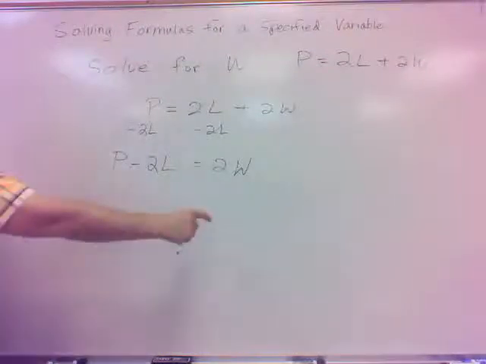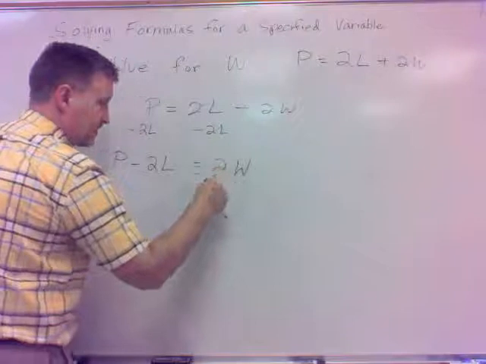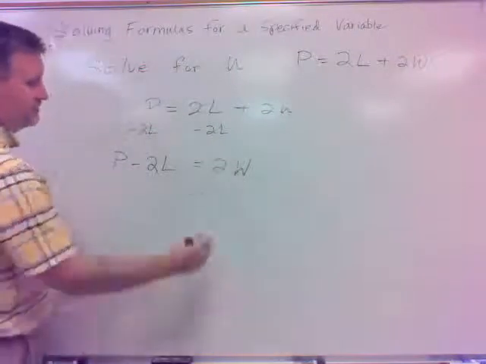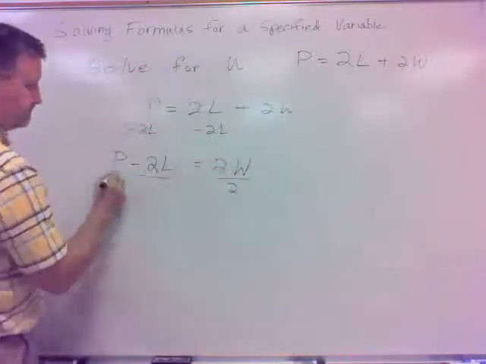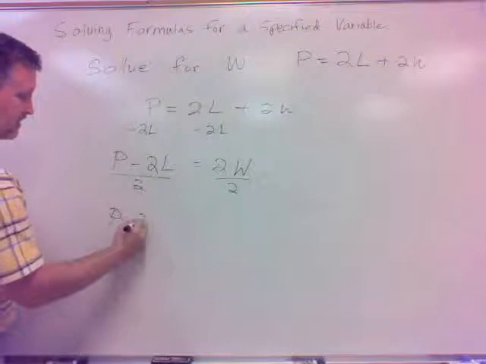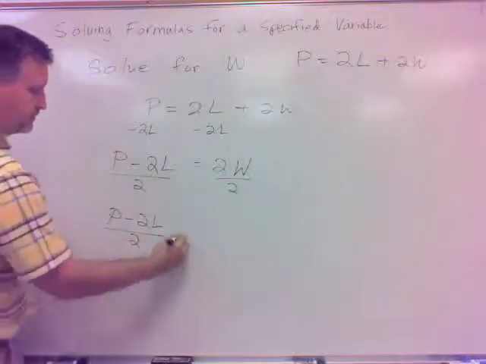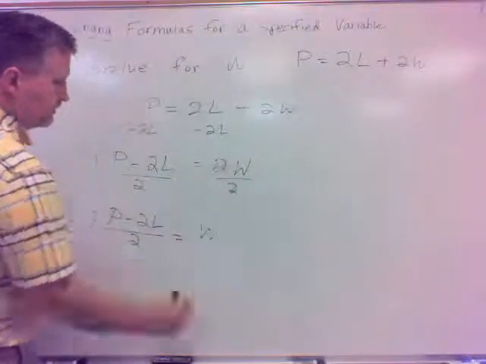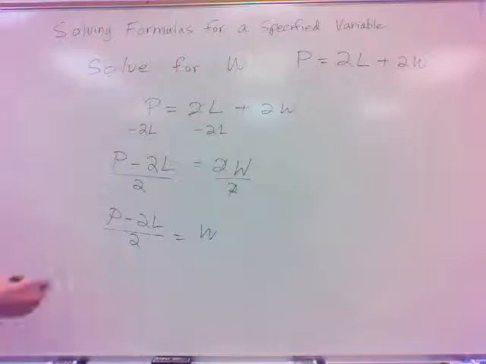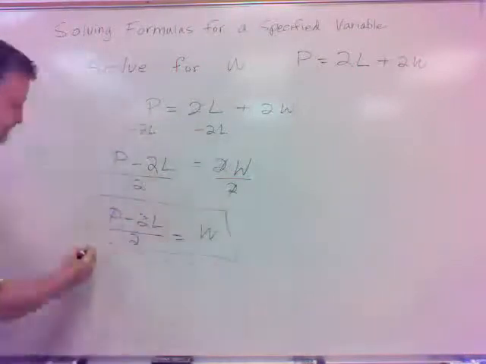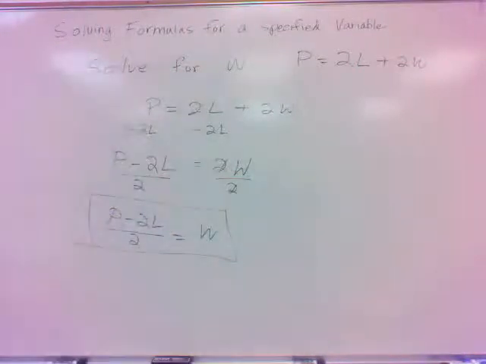Okay, well, still need to get W by itself, so we need to get rid of the 2. So it's times the W, so to get rid of it, divide by it. P minus 2L over 2, that equals W. There you go. Okay? All right, now, that's one form of the answer.